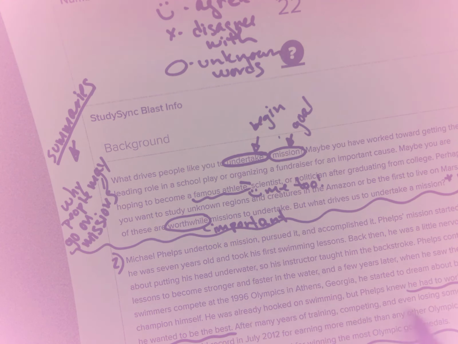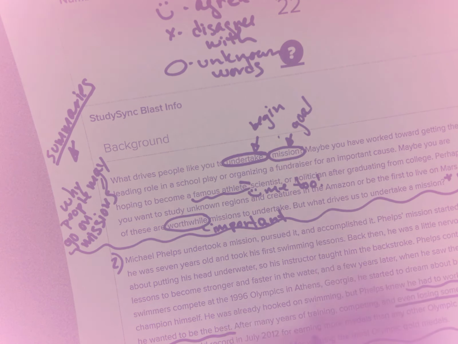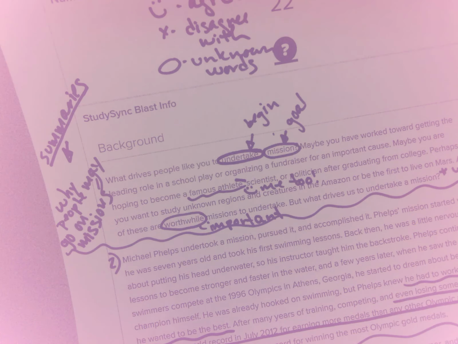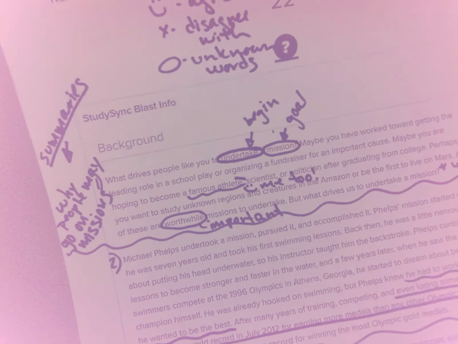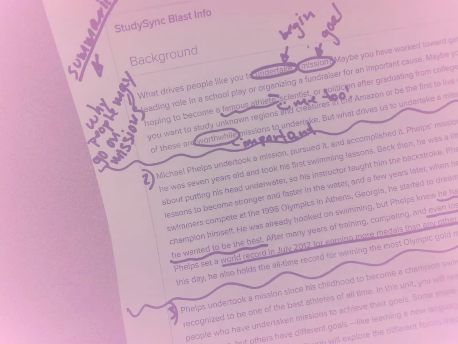After many years of training, competing, and even losing some races, Phelps set a world record in July 2012 for earning more medals than any other Olympic athlete. To this day, he also holds the all-time record for winning the most Olympic gold medals. So again, the first thing we need to do is write a summary.